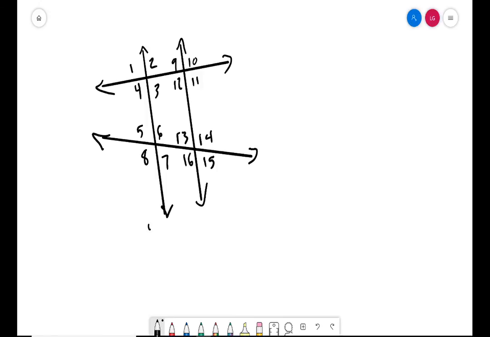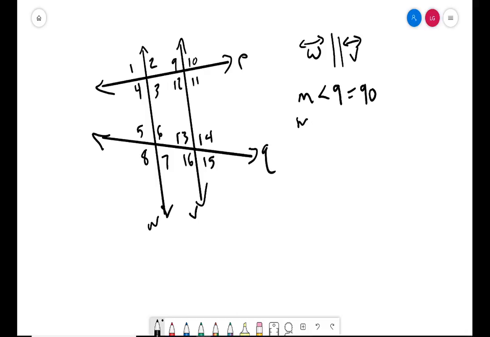These two, we'll call them W and V. This will be line P and line Q. So line W is parallel to line V. We also are told that the measure of angle 9 is 90, and the measure of angle 5 is 68. Those are degrees.